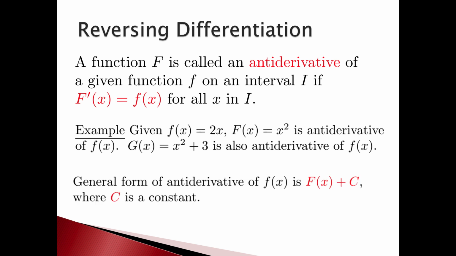So here's what we'll do. In general, when we find an antiderivative of something, we'll add a plus c at the end, where c is really a placeholder for the constant that got stolen by the differentiator. So in this case, we would write something like x squared plus c.